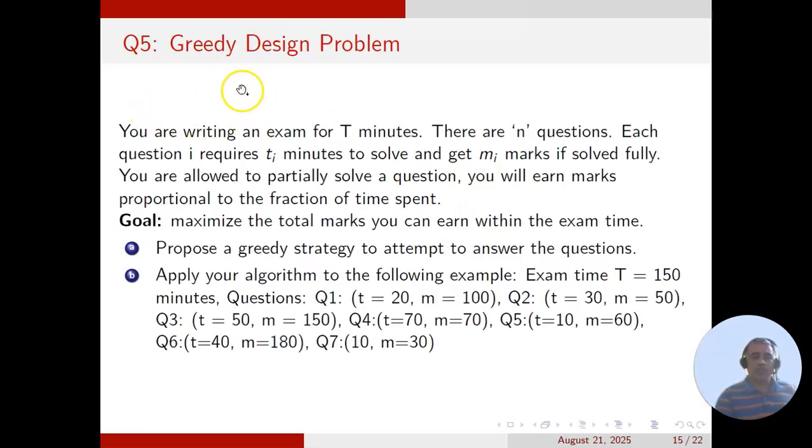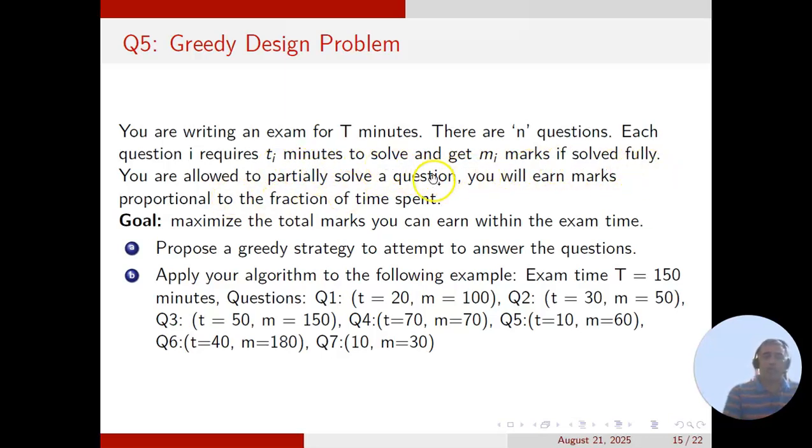And the next question is on the greedy design problem. It is similar to the knapsack problem. You are given an exam of T minutes. There are n questions. Each question requires Ti minutes, and if you spend Ti minutes, you are going to get Mi marks.